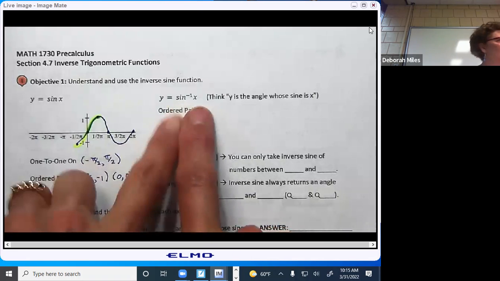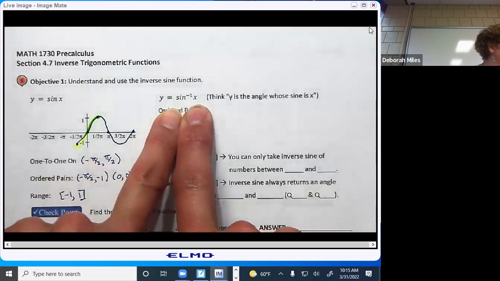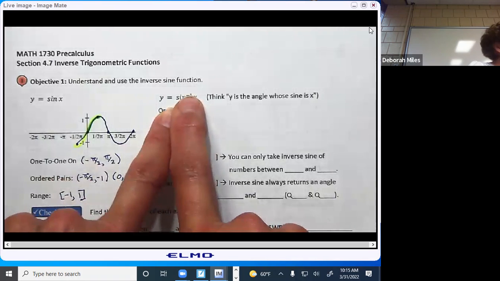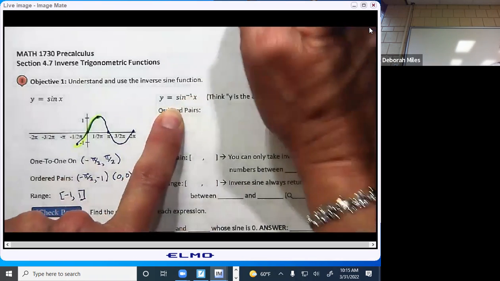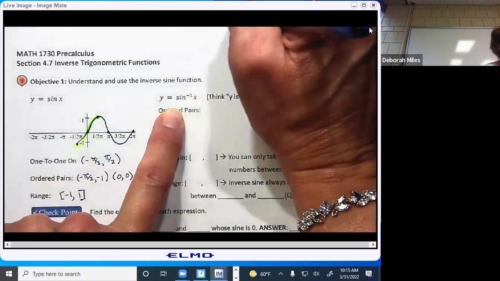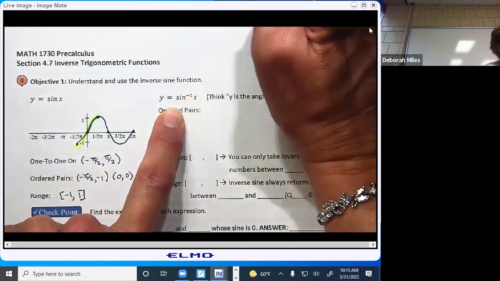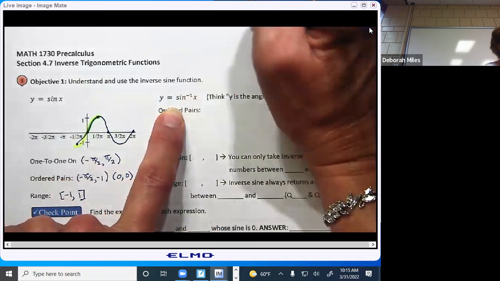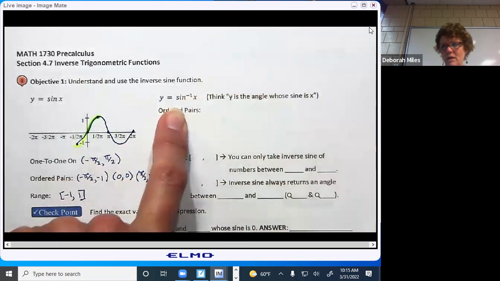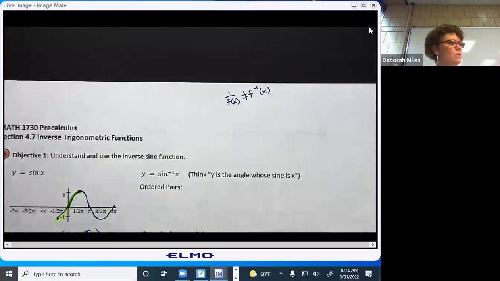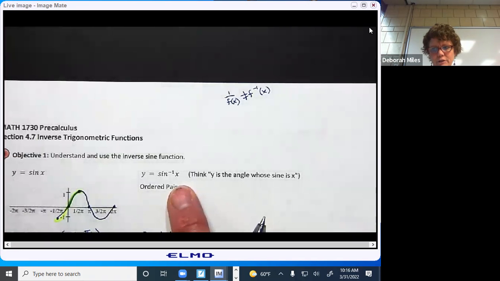Cosecant, and that's not the same as inverse sine. So you can't think of that -1 as an exponent. This and this are not the same thing. This is not cosecant, it's inverse sine.